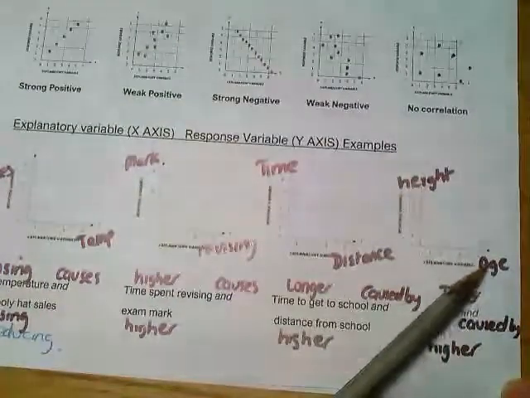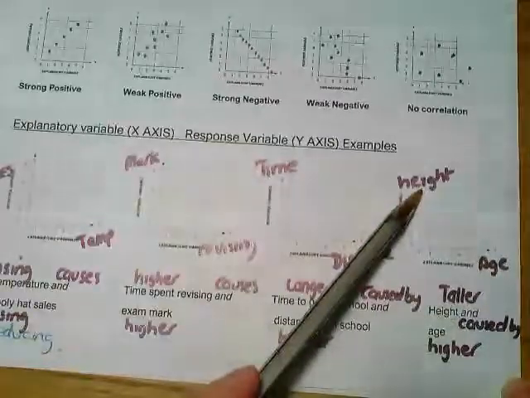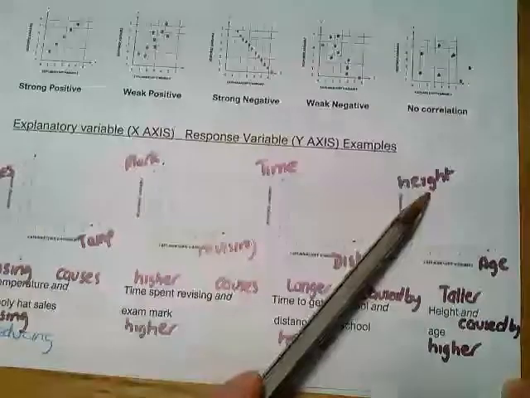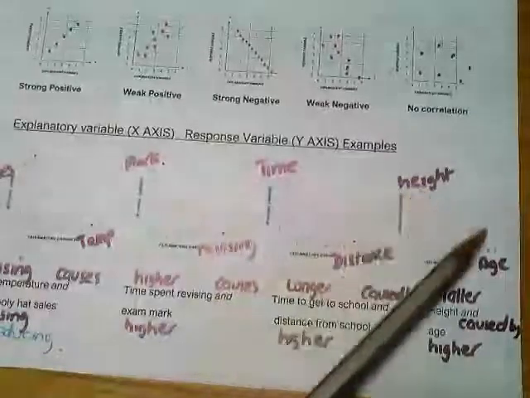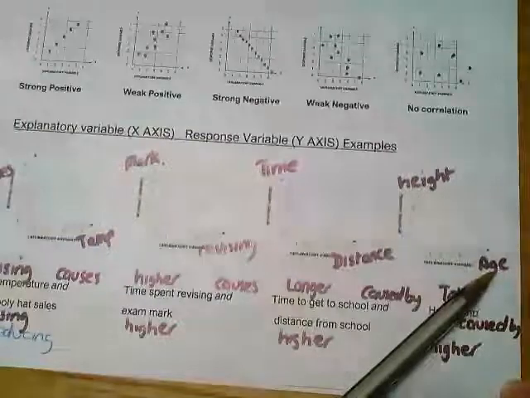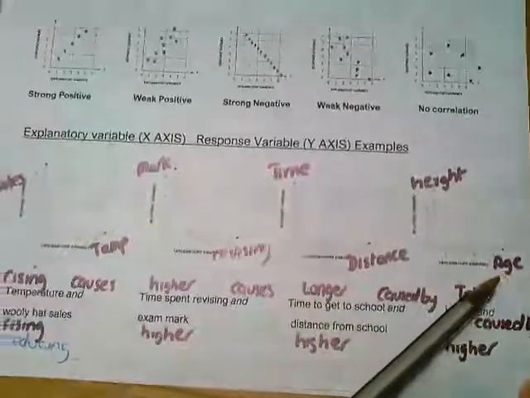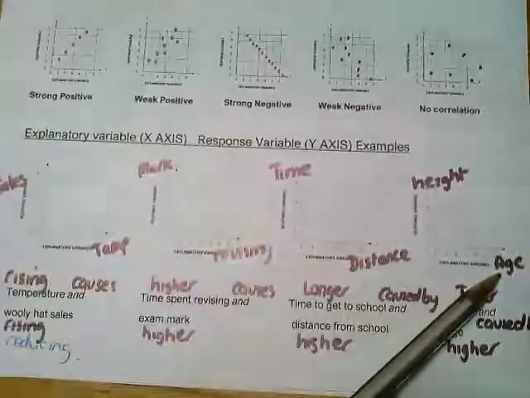Is it the case that your age, how long you've been growing, is causing your height to keep increasing? Or is your height being really high meaning that you are therefore older? Does it make you older? No, it doesn't. Age is the explanatory variable. Okay, thank you very much for listening.